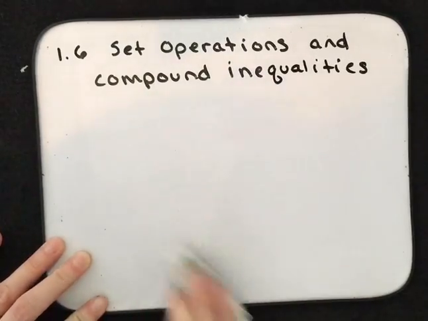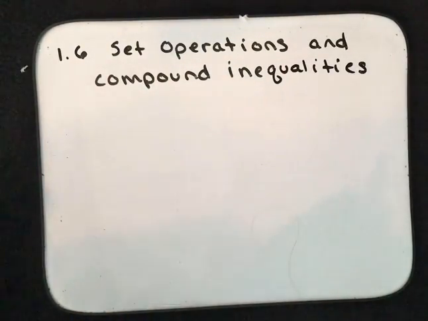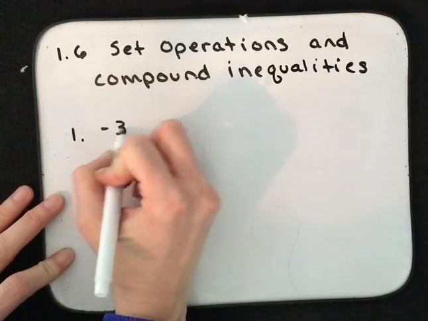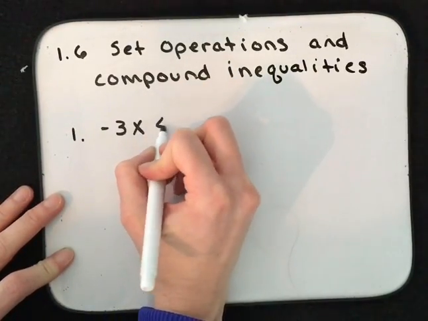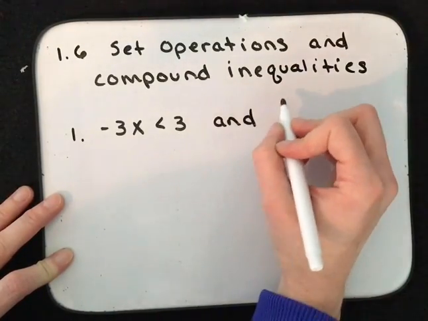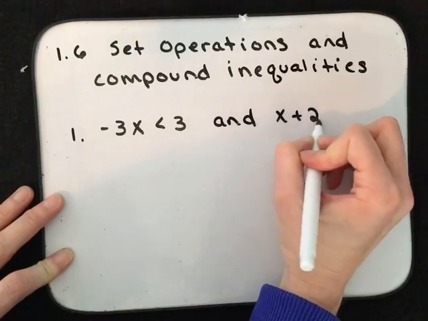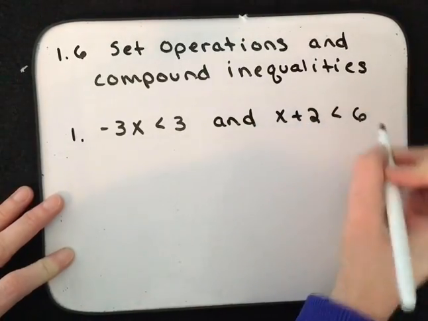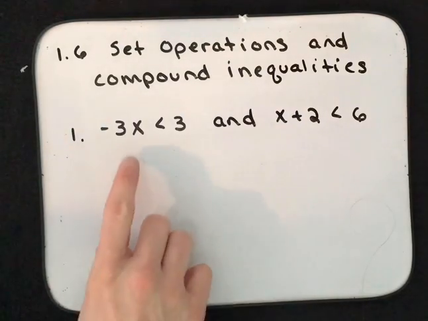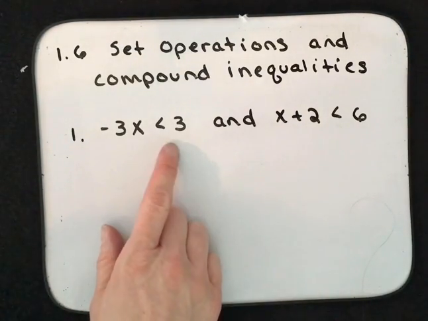Let's look at a couple more. So following down, here are some example problems. Number 1, we have negative 3x is less than 3 and x plus 2 is less than 6. Before we can graph these and look at the intervals, we first need to simplify our inequalities.